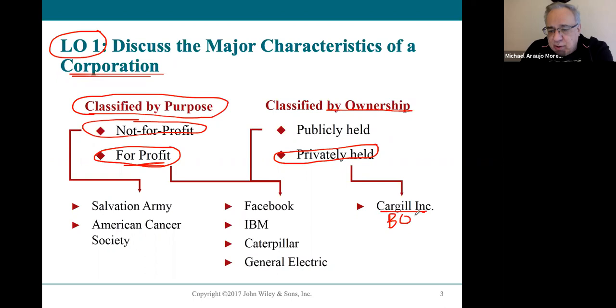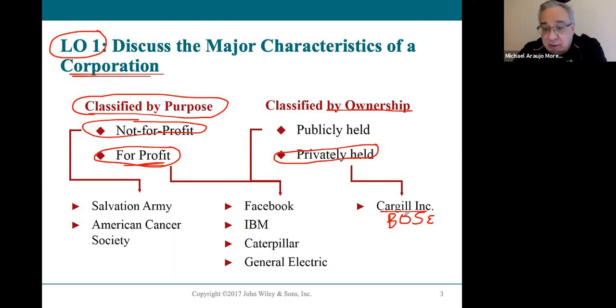You might not have heard of Cargill, which is an agricultural company, but I'm sure you've heard of Bose because they make so much great sound and other acoustical equipment. They're often put into high-end automobiles, etc. If you watch the Super Bowl or any football game, you'll notice all the coaches have Bose headphones and microphones on.